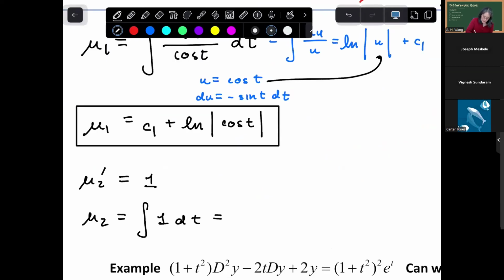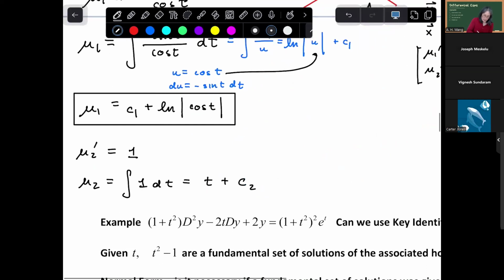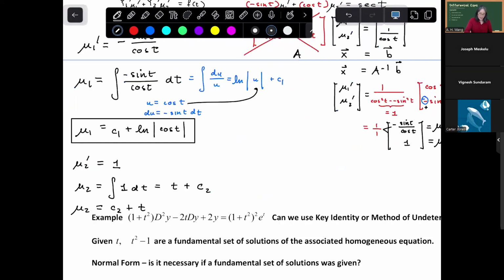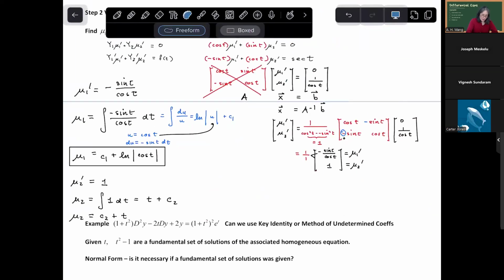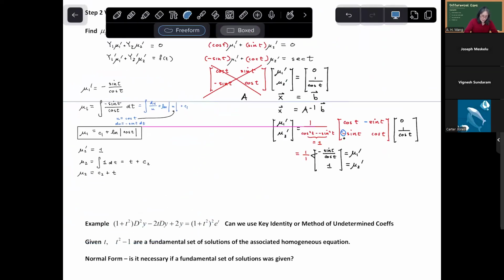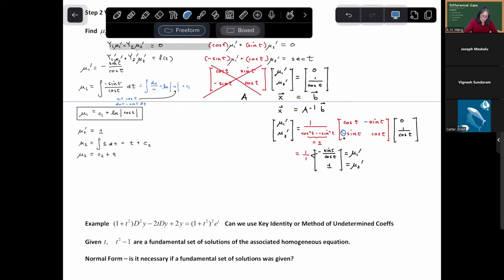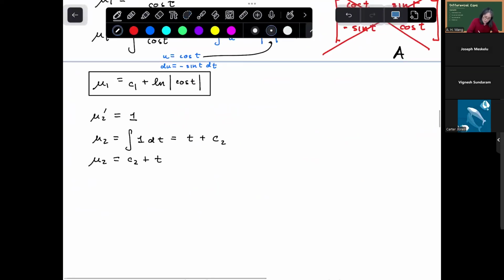So you know that's going to be t plus, and then you just say c2. So let's write it as mu2 equals c2 plus t. I'm just doing all this as scratch right here. And so what you have is mu2 is this one.